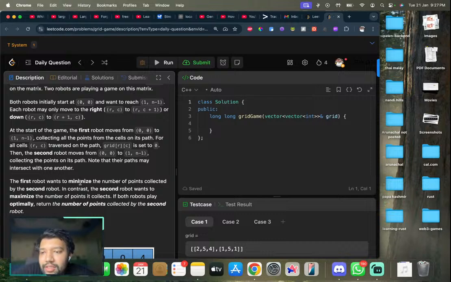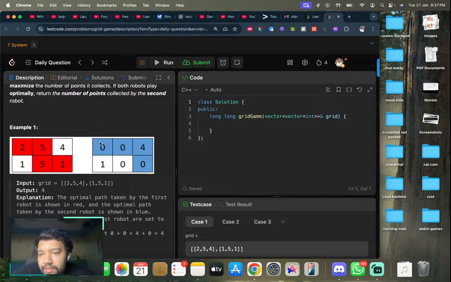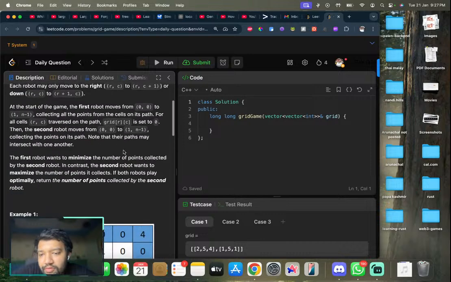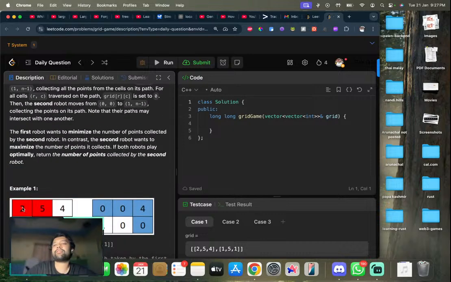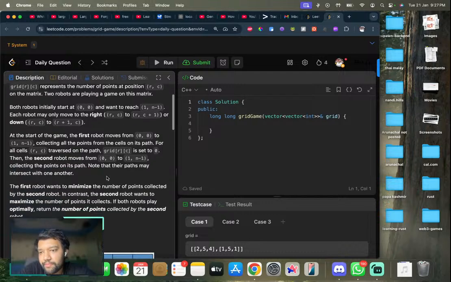For all the cells (r, c) traversed, the value is set to 0. So if the first one travels this path, then all of these cells will be 0 and will not be counted.